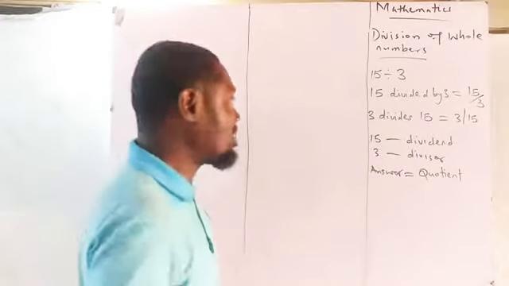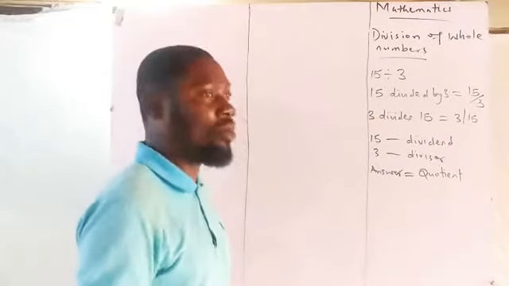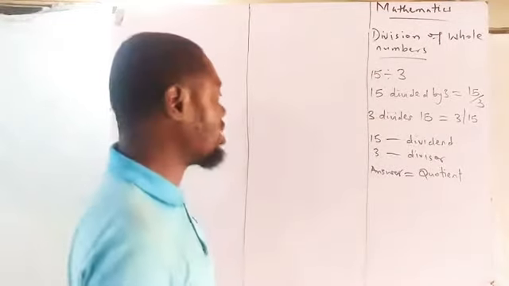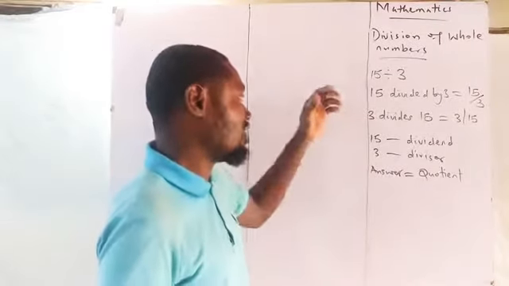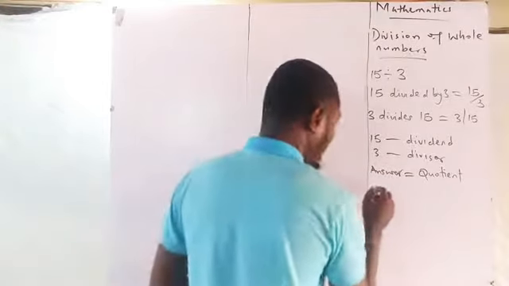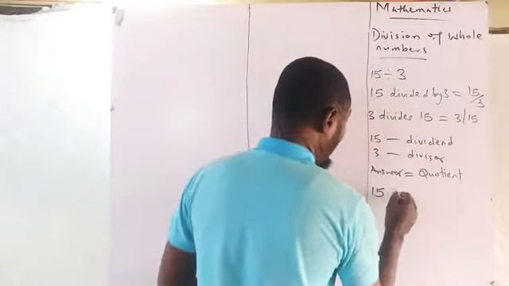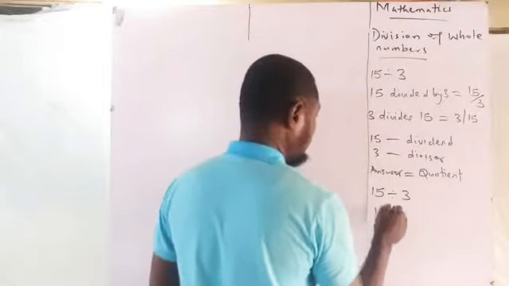Now, quickly, let us deal with this method for today using a direct method, not the long division method, a direct method of trying to understand the digits that are in the dividend. Let's use 15 now, for example. 15 divided by 3, that will be expressed as 15 over 3.